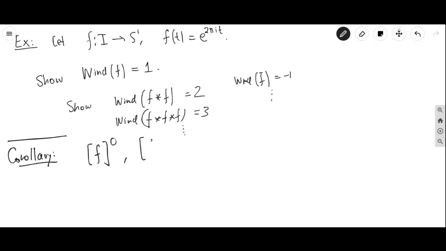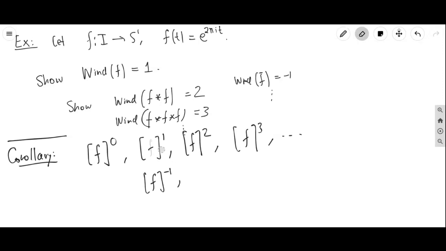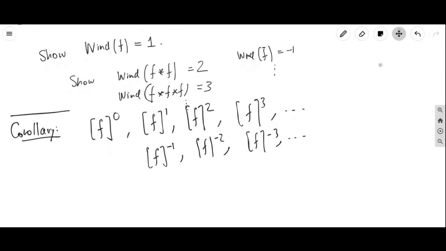This is the constant path. F to the 1, F squared. F squared just means juxtapose it twice. F cubed. And then you have the negative ones. So negative power means the inverse of that, so that's the reversal path. F to the negative 2, F to the negative 3.